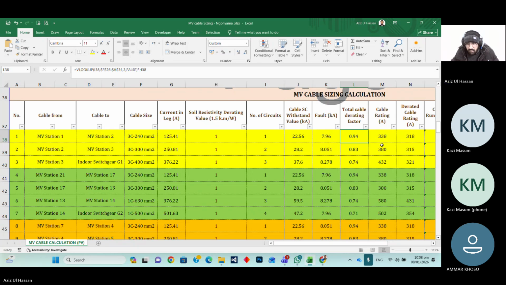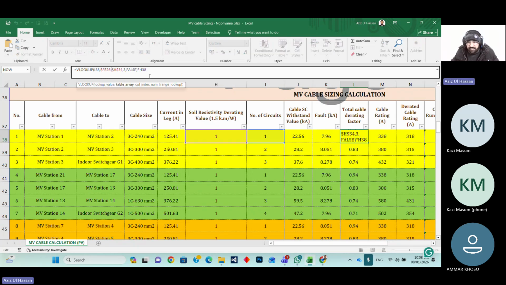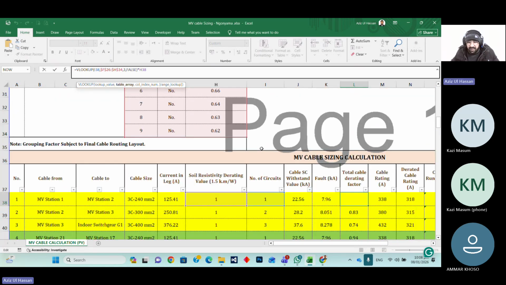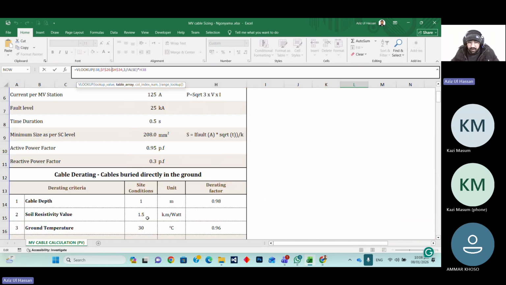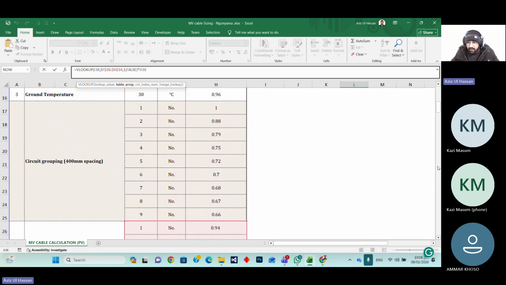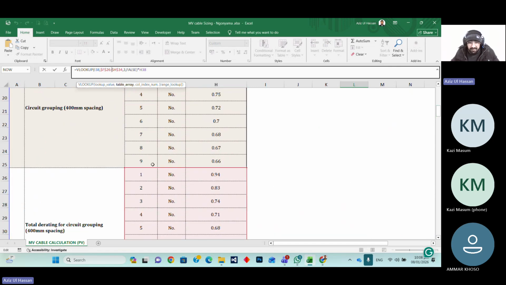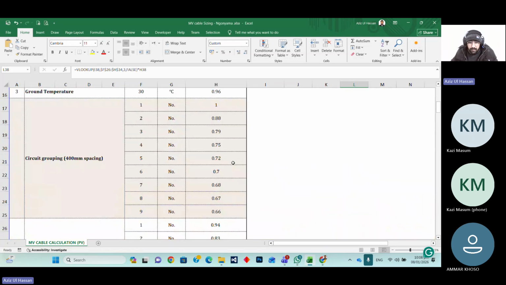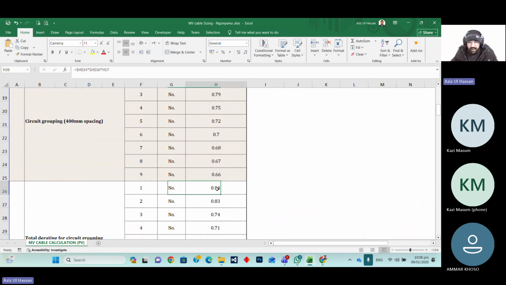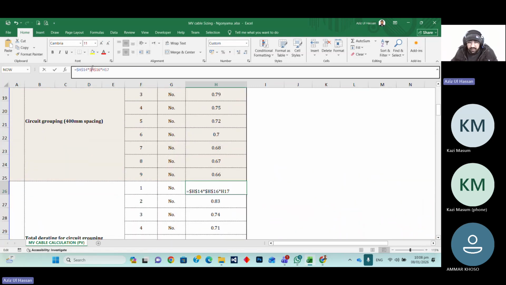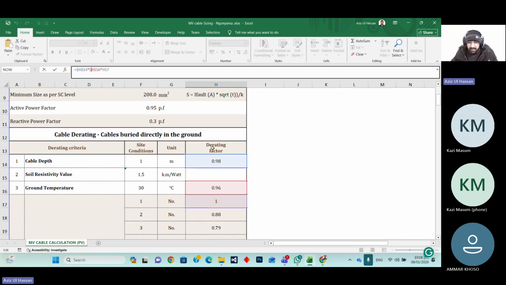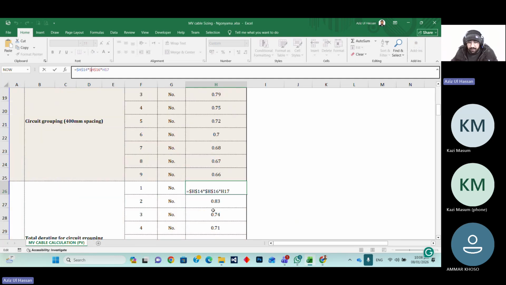So the total derating value. For circuit one, this is why we have selected this one. When we selected this circuit, they selected this point and this derating. This is the derating of that circuit one.